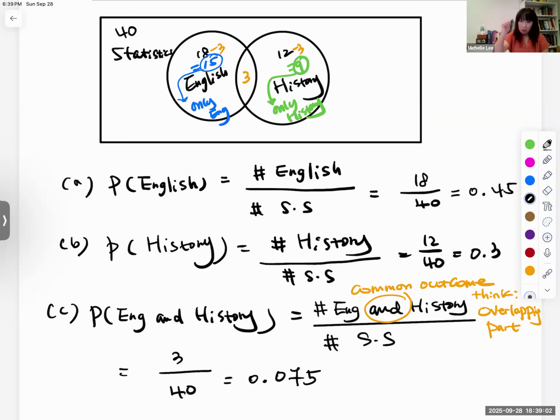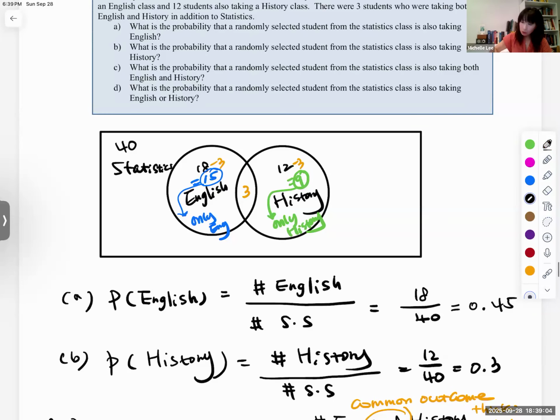All right. The last one we have, what is the probability also taking English or history, right? So or part, we add them, but then we have to determine whether disjoint event or not disjoint event, right? So disjoint event, we just add.